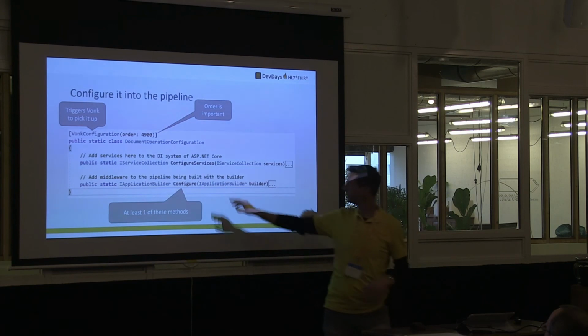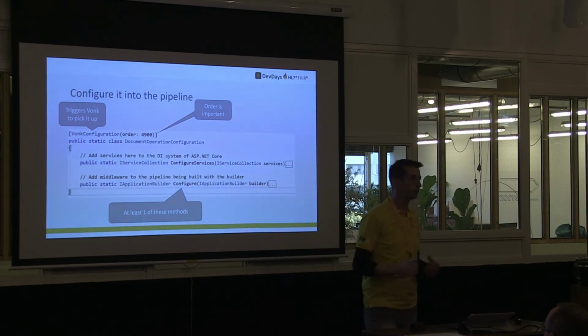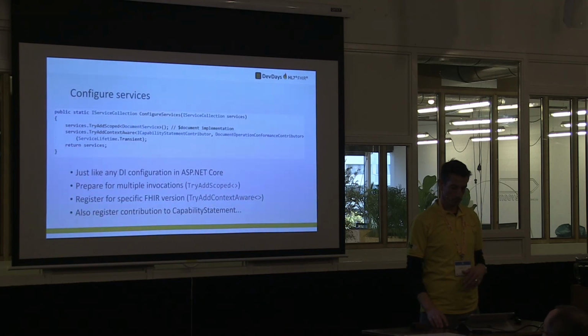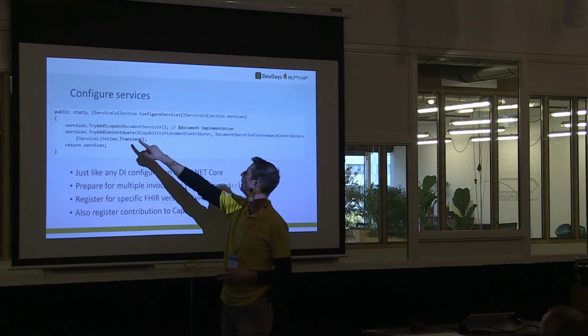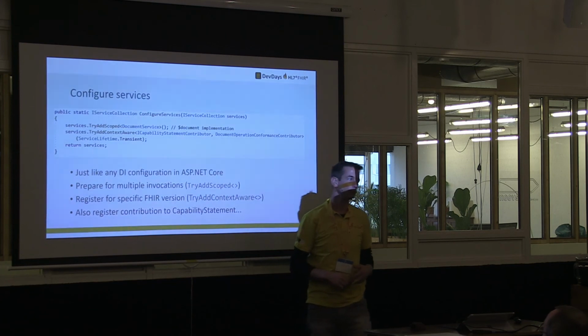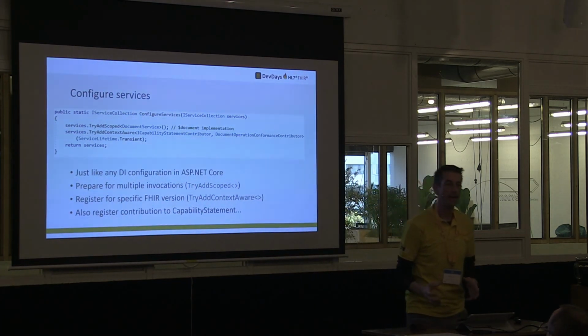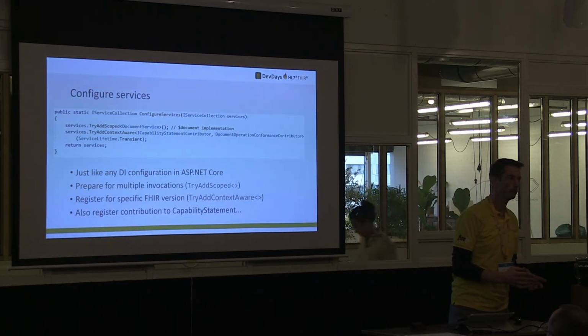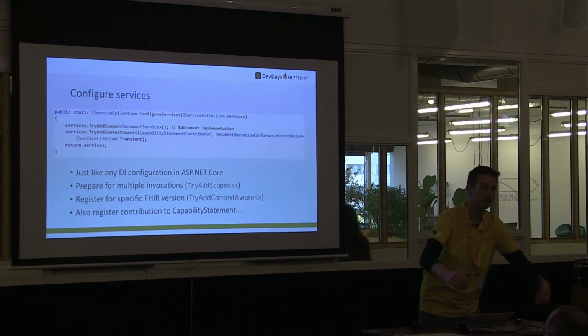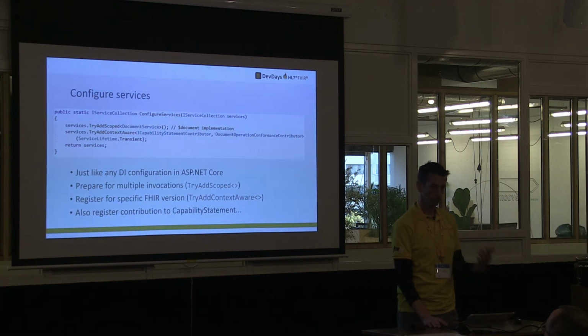And then you see configure services and configure, that will configure the things in the pipeline and the services that we need. So this configures our document service that we just created, and it also adds a capability statement contributor. That's also interesting. Every plugin gets to add to the capability statement. So if you implement a custom resource, you say, I add this custom resource to the capability statement. So whenever your plugin is being picked up, it's directly becoming a part of the capability statement.